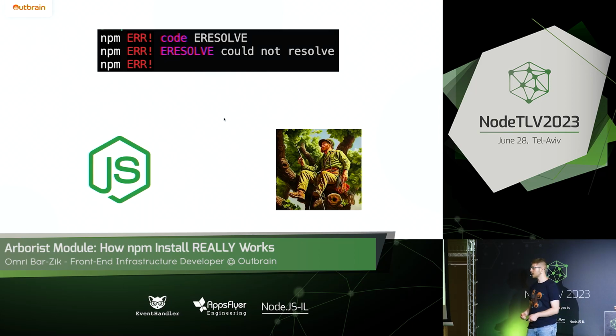We have seen how Node module resolution calculates where a module lives inside our file system, how it tries to understand what module you want to import, and what priorities it takes. And at the end, we have seen how the Arborist module manages all of our dependencies every day. And this is the sole reason that we can install, update, and remove millions of dependencies and packages around the world every day.